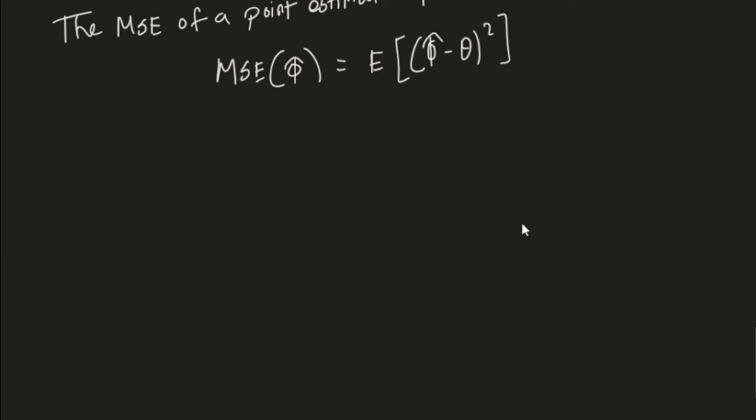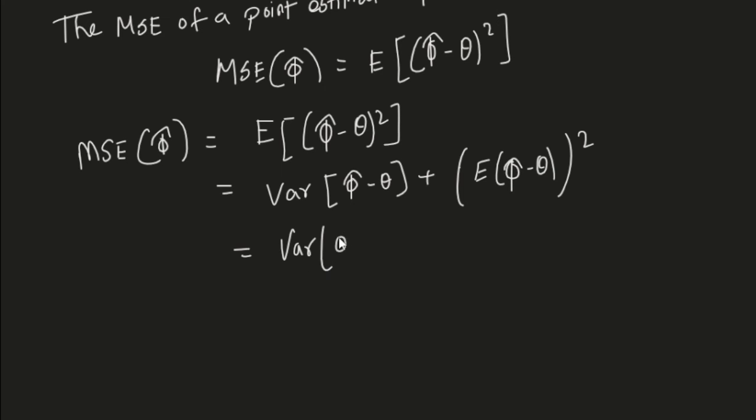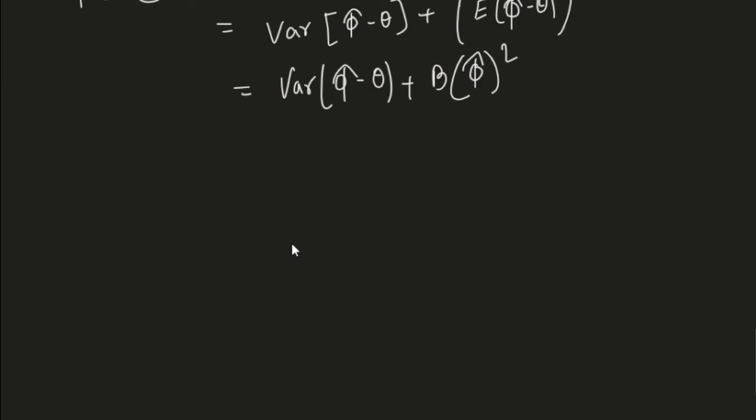Also, what we can find out from this is that the MSE is basically equal to the variance of the estimator plus the bias of the estimator squared. This is another way to find that out.